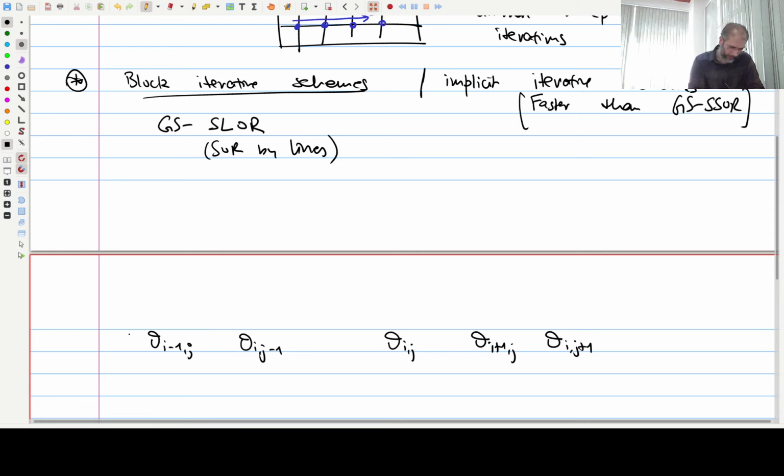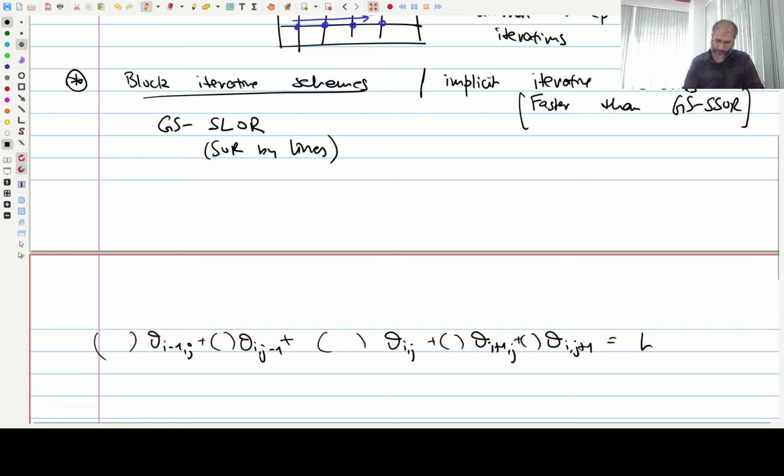And they all had coefficients. There could be a right hand side coefficient as well, so we'll call it P.